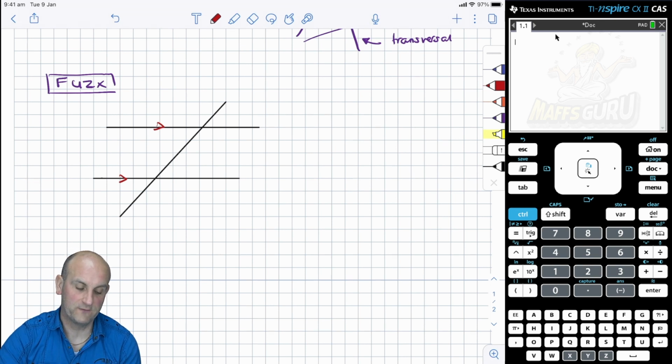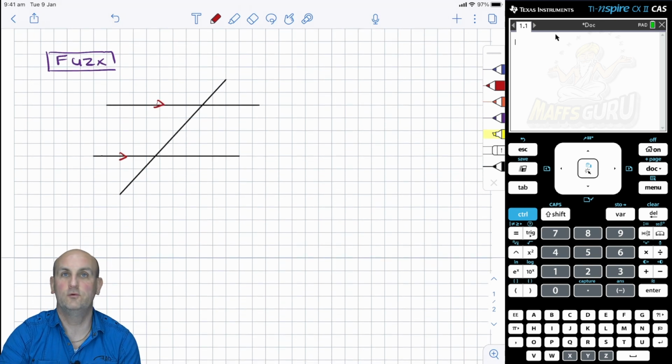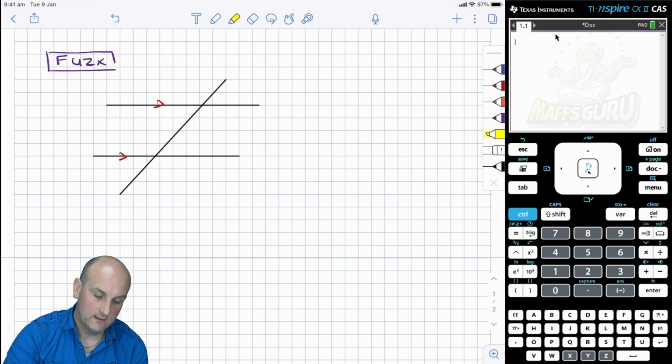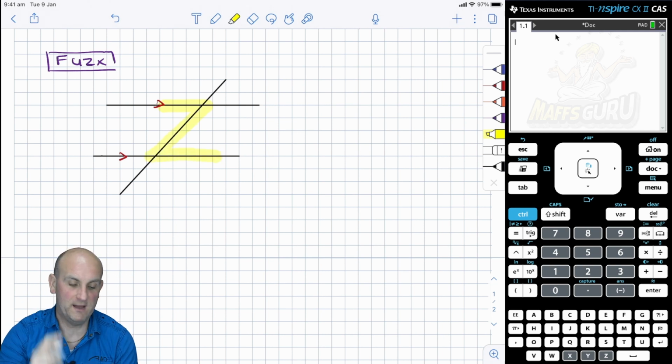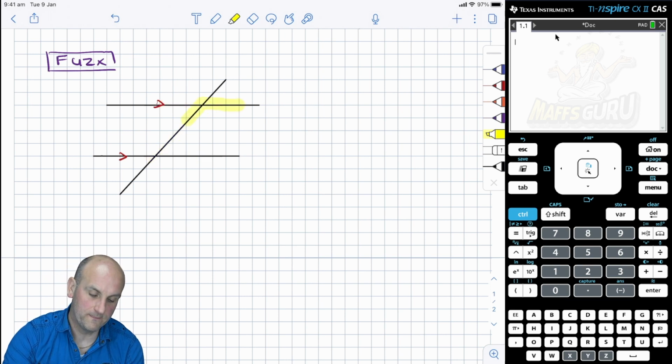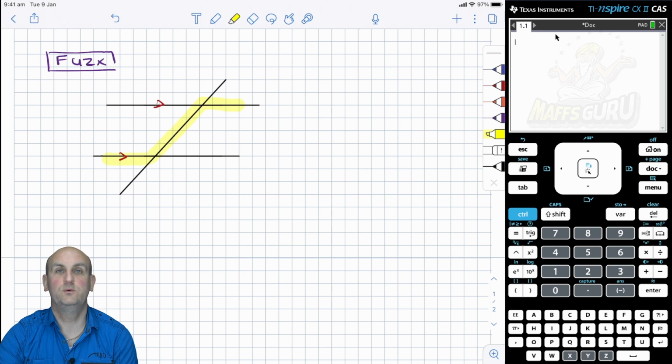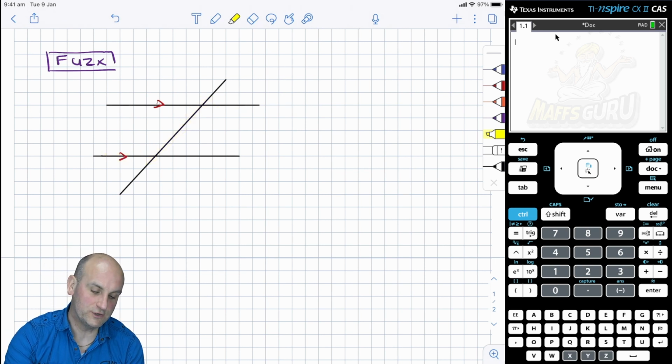All right, so first things first, I'm going to deal with the rule that pretty much everyone can see first, and that's the Z rule. And if you look at this diagram here, what do you notice? Oh my goodness, I've got a Z. But be careful, because you also have a backwards Z. Now I'm going to do the more traditional Z here.